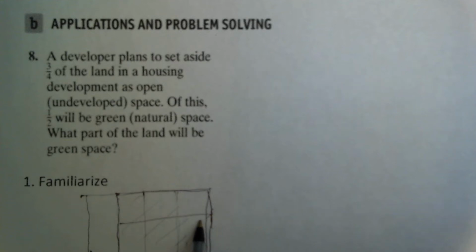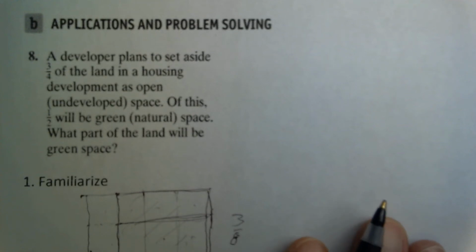So 1/2 of this. So how much is that? Well, if we extend the line, we can see there's 1, 2, 3, 4, 5, 6, 7, 8. So there are 8 units, so 8. And when we count how many are for the open space, it's 3 of them, half of this. So 3/8. So that's kind of what it looks like.